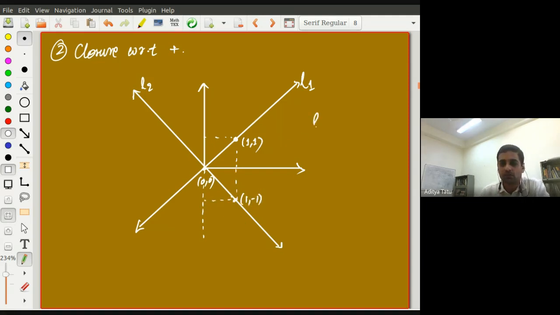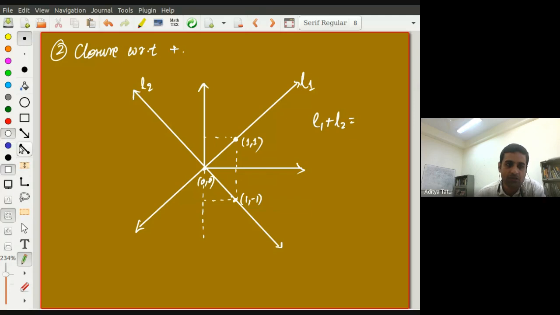So what could be the sum of these two subspaces? The x-axis? No. So let's see. Let's consider the point 1, 1 on line L1. This point has to be added to all points of the line L2.